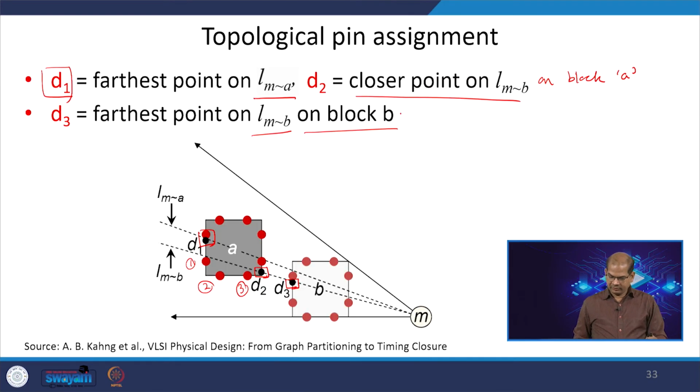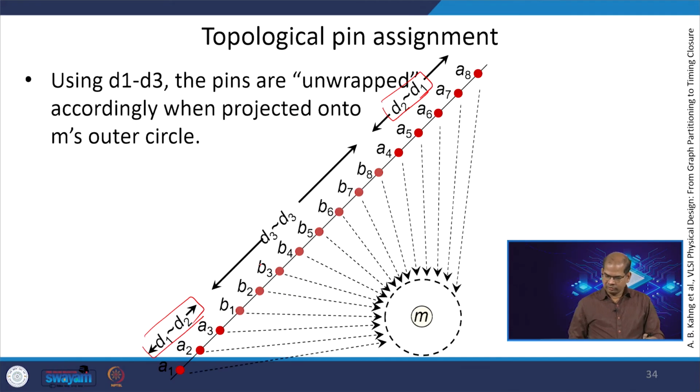So, if I go here, let us say this is 4, 5, 6, 7, and 8 also will go here on the projected line.